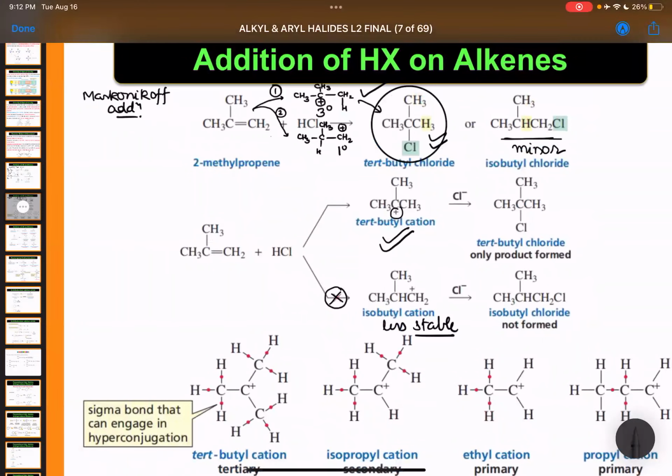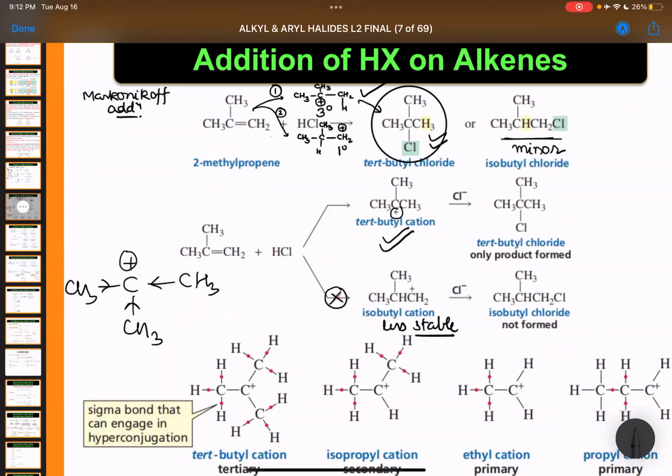It is actually the branching. First of all, the alkyl groups are not electron pulling. They are electron giving groups, electron donating groups. So if you have a tertiary carbocation, it means the carbon needs electron because it has a plus charge.